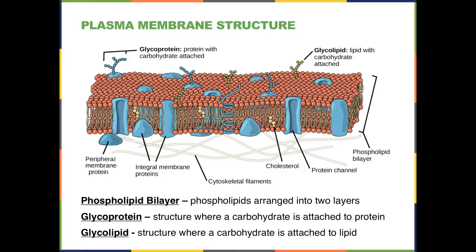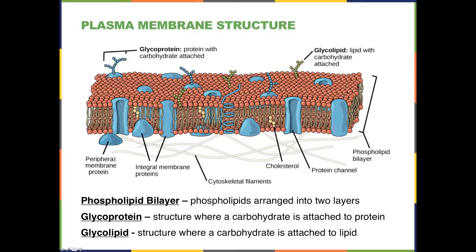Now this is a more complex view of the same situation. You have a phospholipid bilayer in which the phospholipids are arranged in 2 layers, but also in the membrane are several other structures, glycoprotein structures and glycolipid structures. And glycoprotein is just a structure where a carbohydrate is attached to a protein.